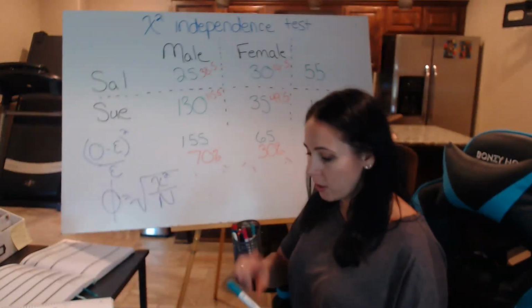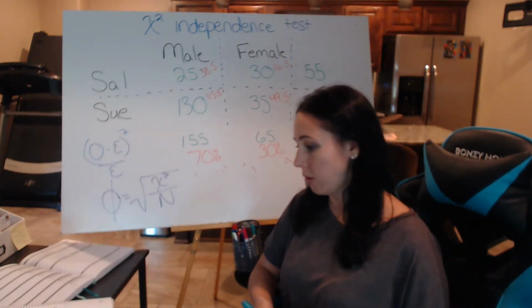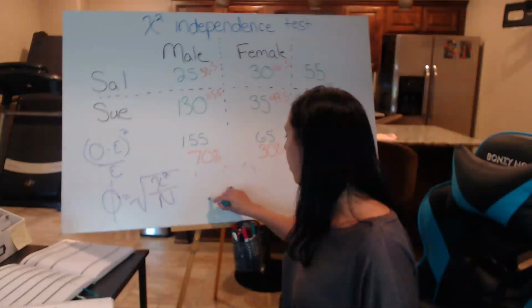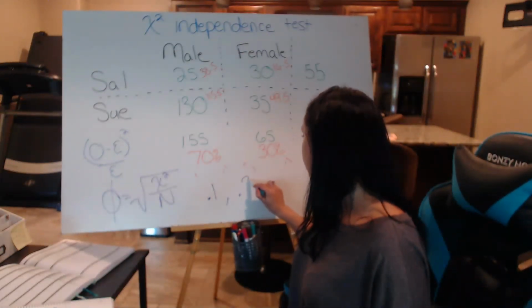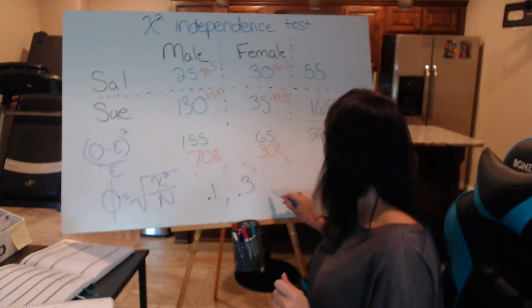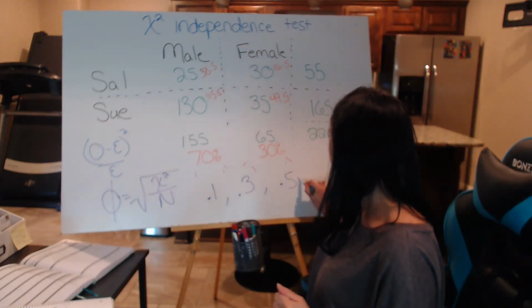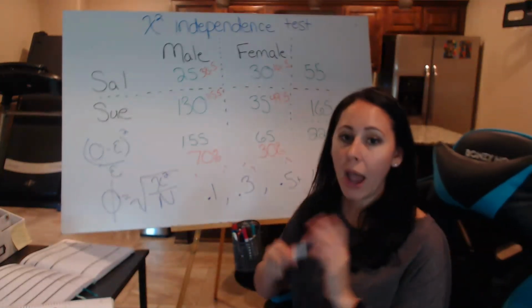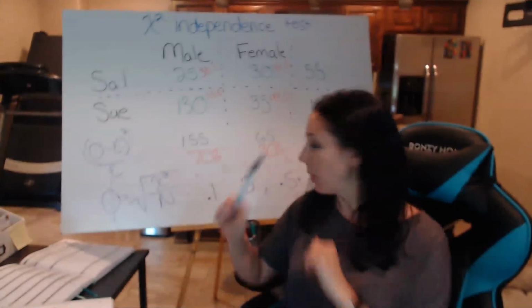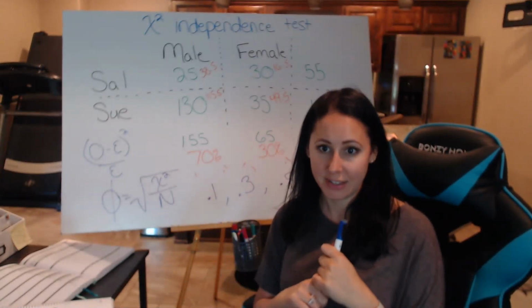Now, this is going to follow similar effect size rules that we've been talking about for the rest of the semester. So 0.1 is going to be small, 0.3 is going to be medium, moderate, and then 0.5 and higher is going to be large, okay? So after we calculate our actual chi-square, we can calculate our phi, and we can look at our effect size measurements.